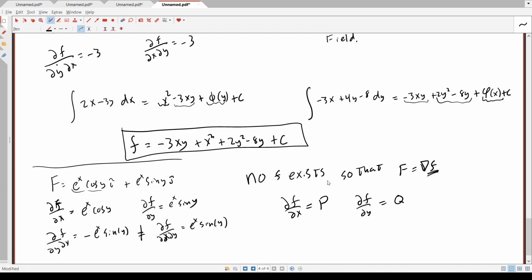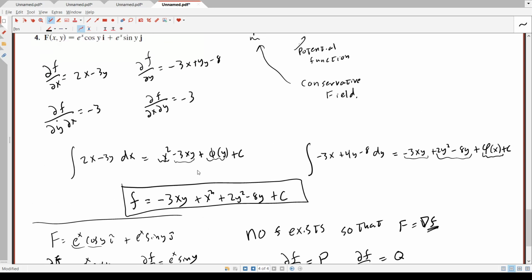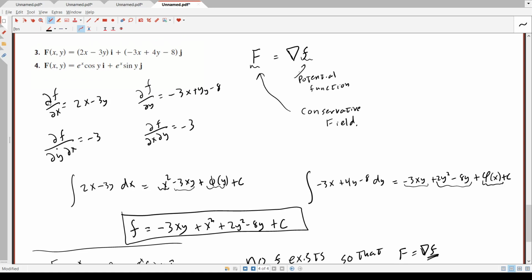Okay, for the second one, why did you integrate with respect to dx dy? Okay, so for this one, I didn't integrate. I'm doing the derivatives. Up here, I did the same thing. First, I assume that the x component is df/dx, and then I compute the y derivative of that. And then here, I assume that the second component is a y derivative, and I compute the x derivative of that.